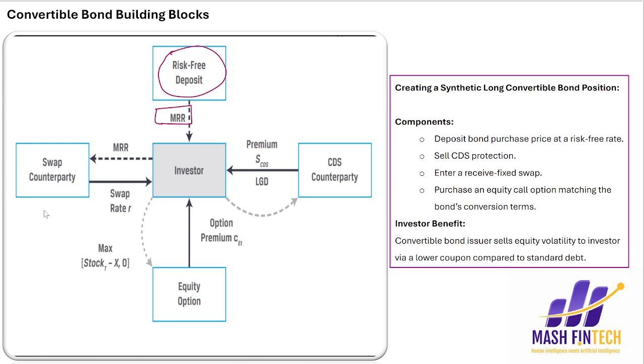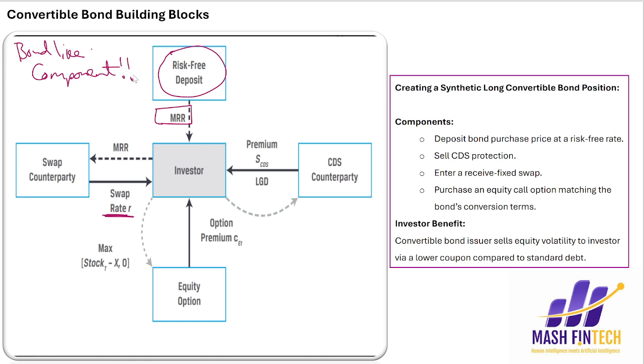and then you're going to enter into a receive fixed swap. This is a fixed amount that the investor is going to receive. If it's a receive fixed, it means you are paying the market reference rate. And what you see, you create a bond-like component.